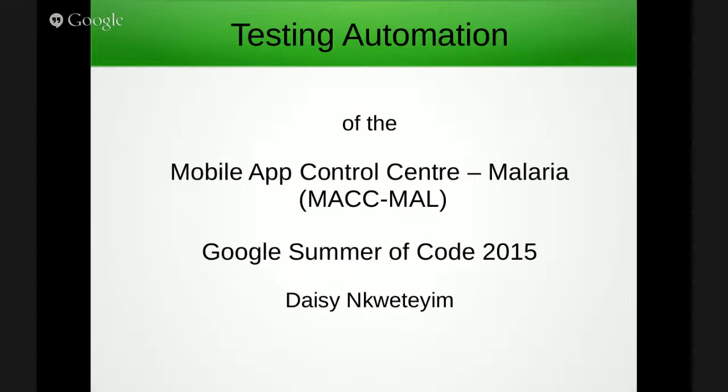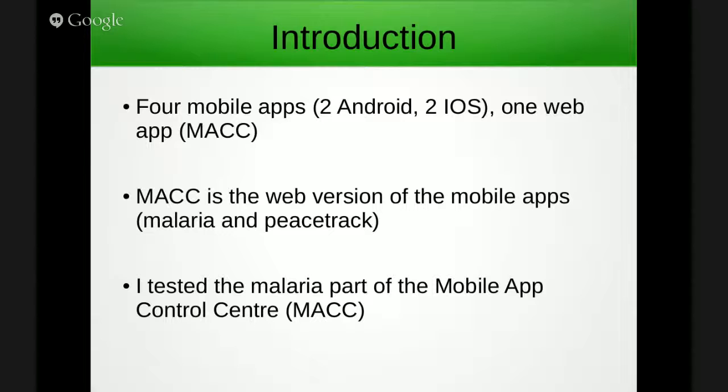MACC. For a brief background of what my project is all about, there are 4 mobile apps, 2 of which are Android for malaria and peace track, and 2 of which are iOS, still for malaria and peace track. Then there's the web app, which incorporates these mobile apps.